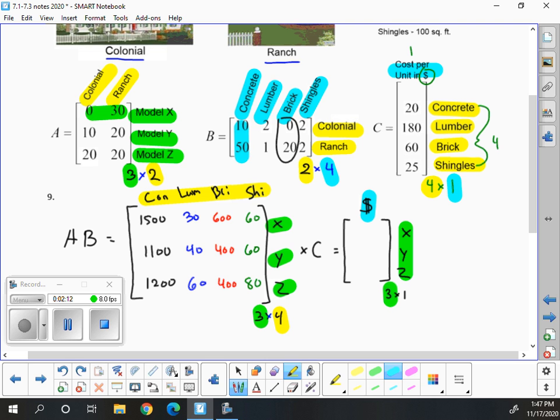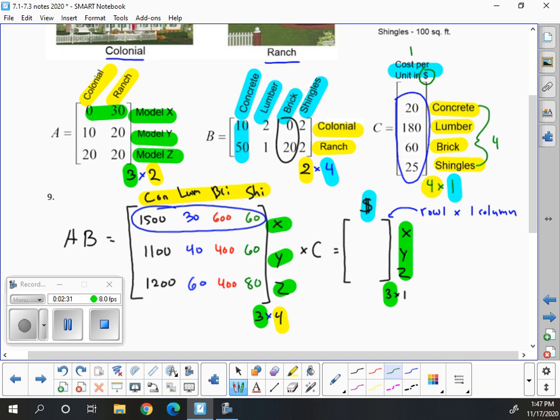All right, so again, how does this work? Well, this first number is the first row and the first column. So I'm going to take the entire first row times the entire first column, matching them up by their position. So concrete times concrete would be 1,500 units of concrete at $20.